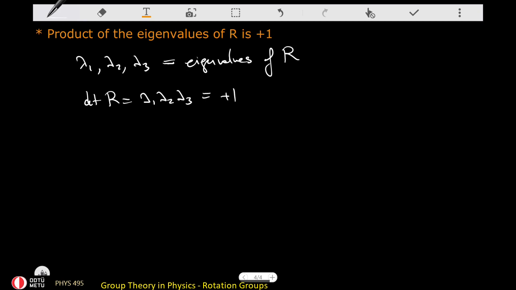These 3 mathematical relationships give us some information about what the eigenvalues can be. So I'm going to make this analysis here: what can the eigenvalues be?